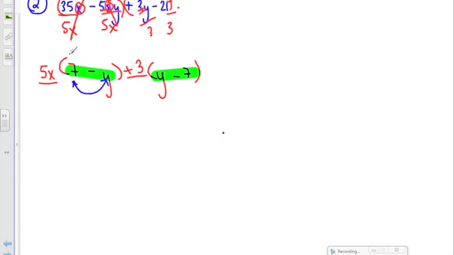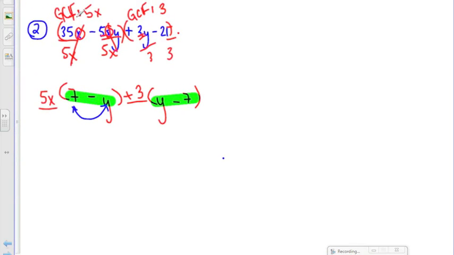So where their signs are different, that means up here when I take out my GCF, I need to take out a negative. It doesn't matter if you take it out in the first or the second one. I have to take it out in the first one, a negative 5. So then 35 divided by negative 5 is negative 7. And then negative 5 divided by negative 5 is a positive 1.